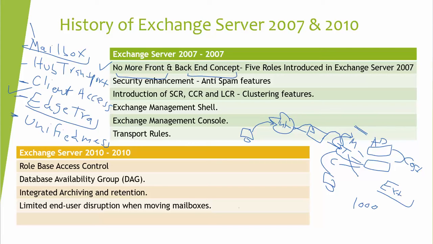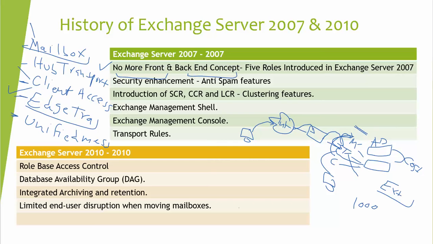So the other thing that you had at that time was client access server role. So client access server role was one of the roles that you were able to install on the same server where you have transport role or mailbox server role, so they can all be installed together at the same time.